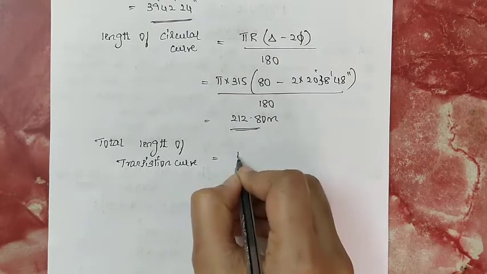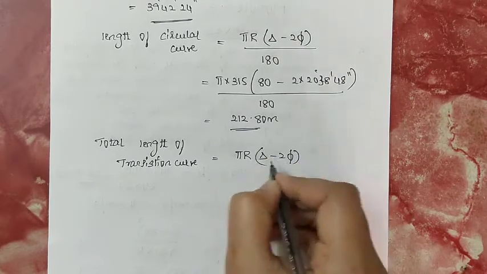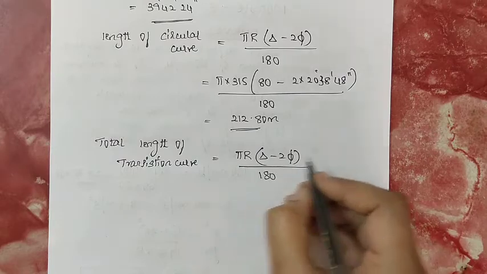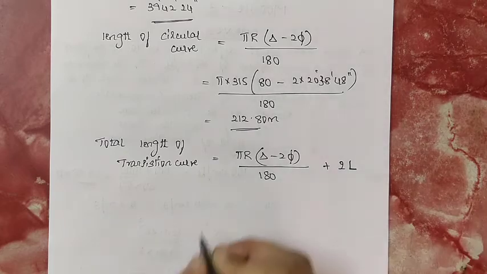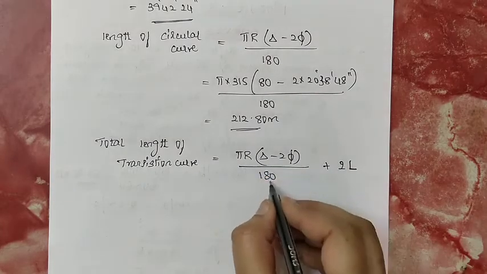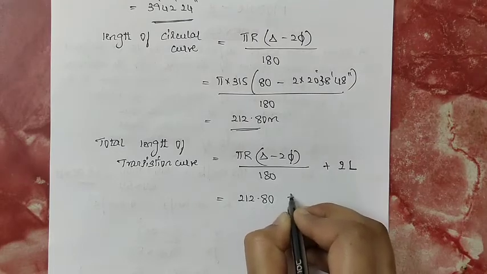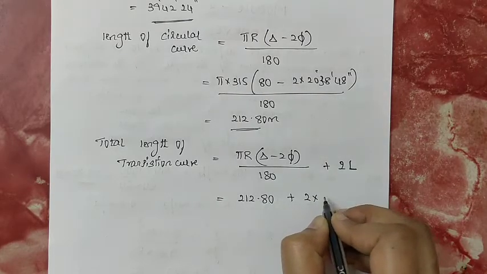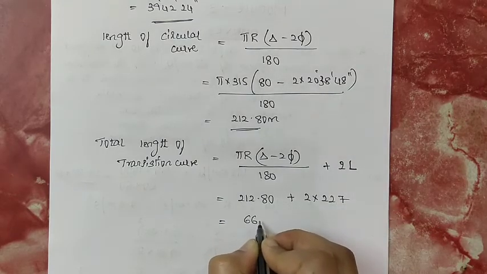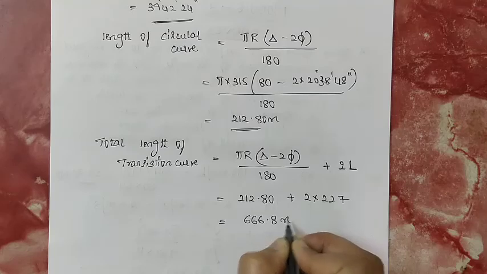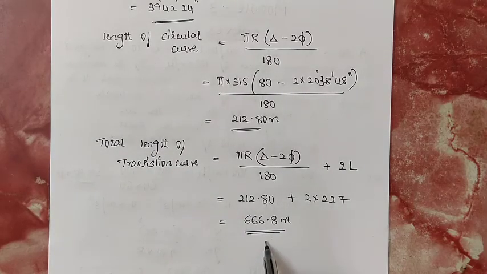It is given by pi into R into delta minus 2 phi divided by 180, plus twice of L. Pi into R into delta minus 2 phi by 180 is 212.80, plus twice the L, the length of the transition curve, that is 227. That will be equal to 666.8 meter. This is the total length of the transition curve.